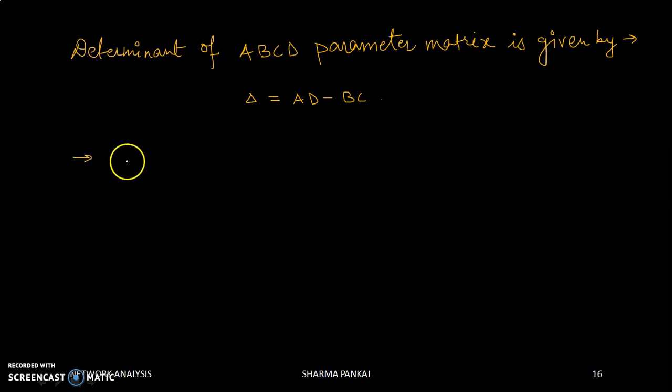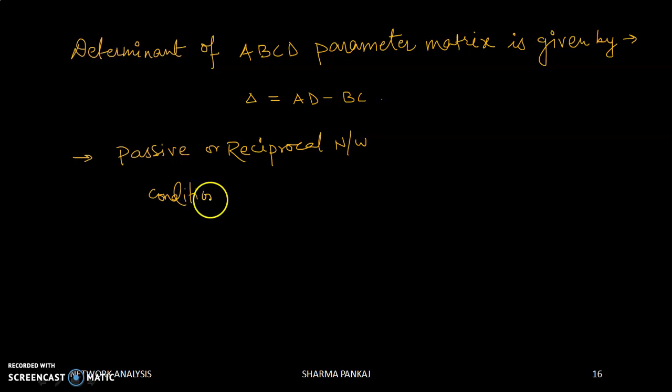Now, the condition for a passive or reciprocal network. For this network to be passive or reciprocal, the condition is that delta must be equal to 1.